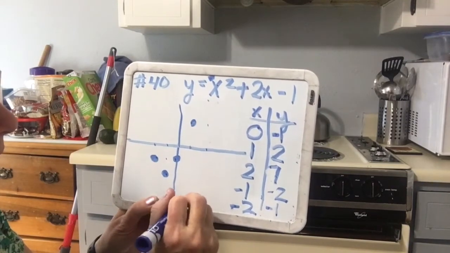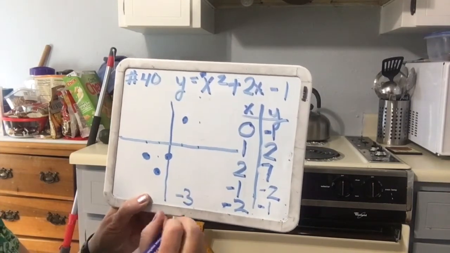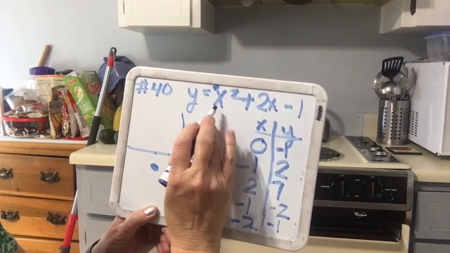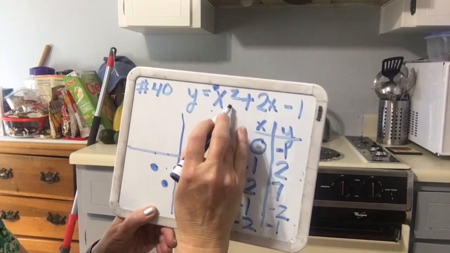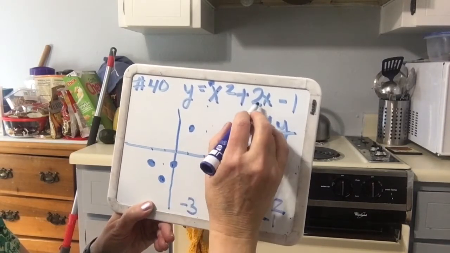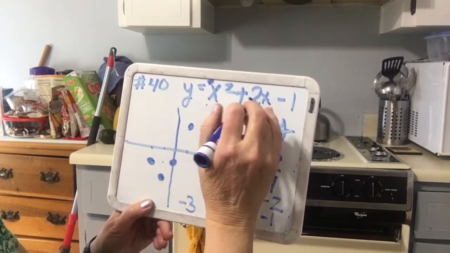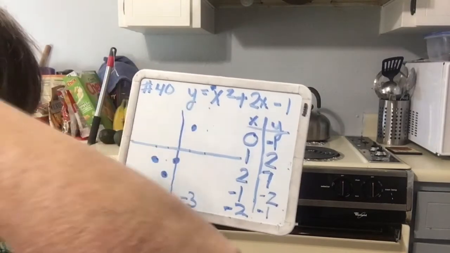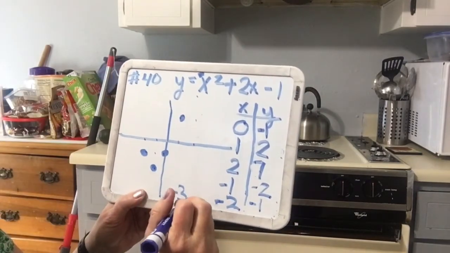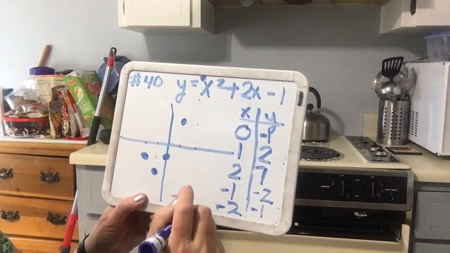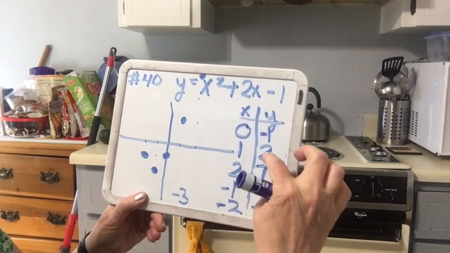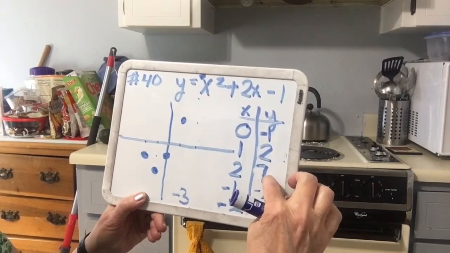So let's do that. Let's plug in negative 3. And when we plug in a negative 3, we're going to get a 9. Okay, and then we're going to get a negative 6. So 9 minus 6 is 3. Okay, and then I get a negative 1. Oh, it was supposed to go up to 2. I skipped to 7.